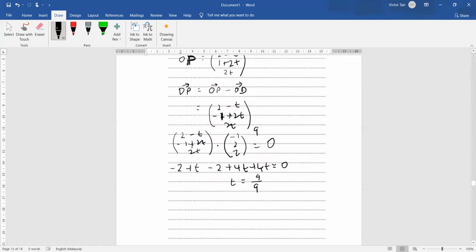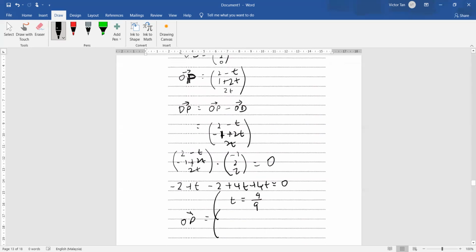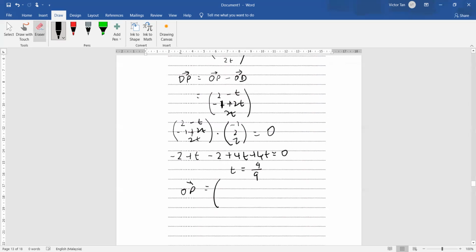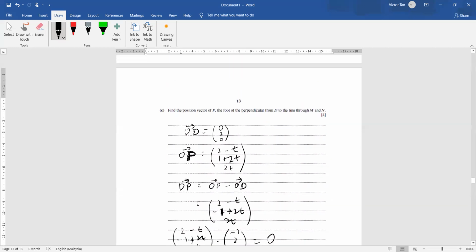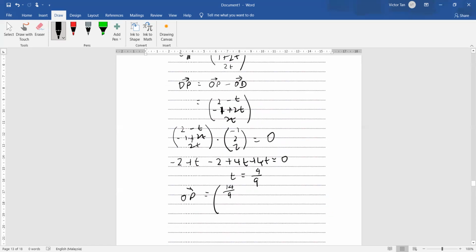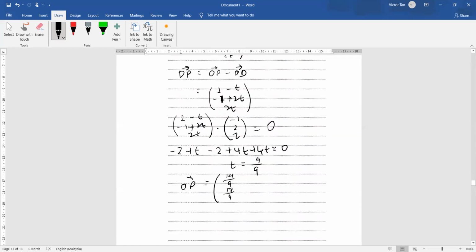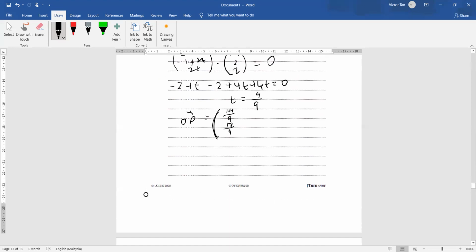So the position vector of P, OP, substituting t: 2 minus t is 18 minus 4, which is 14 over 9; 1 plus 2t is 9 plus 8, which is 17 over 9; and 2t, which is 8 over 9.